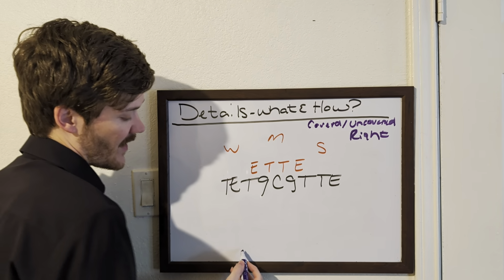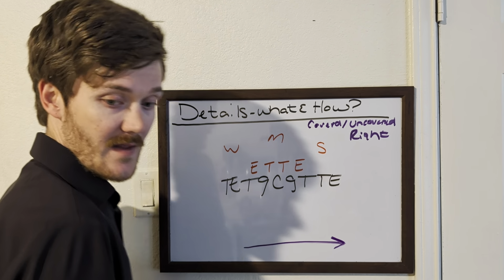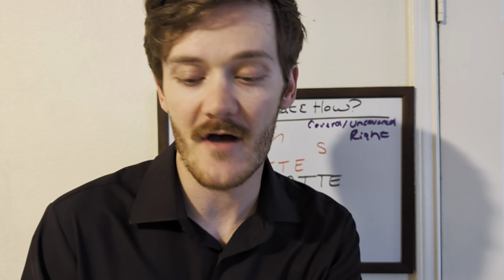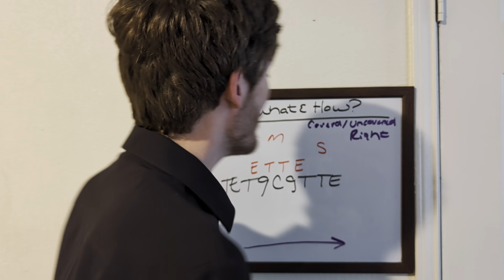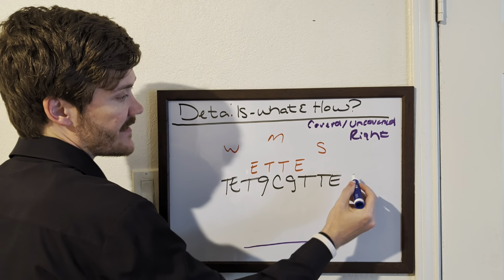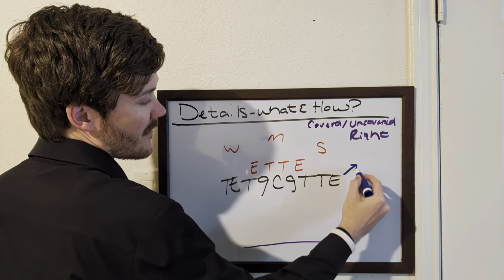So with the play call going this way, let's look at covered versus uncovered zone block fundamentals. The goal of the whole offensive line at this point is to move like that.